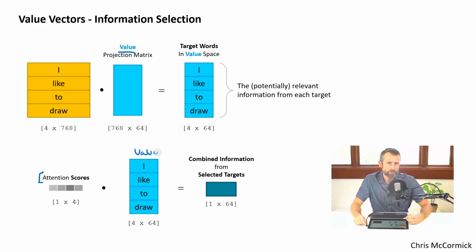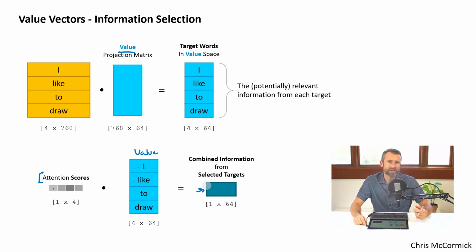And what's happening when we do that dot product is that we'll take, for example, the attention score for the word I, and we multiply that value against every feature in the value vector for I. And then we do the same, we take the score for like, multiply that value against every value in the value vector for like, and then we sum all of those together to produce this single weighted average of all of those vectors.